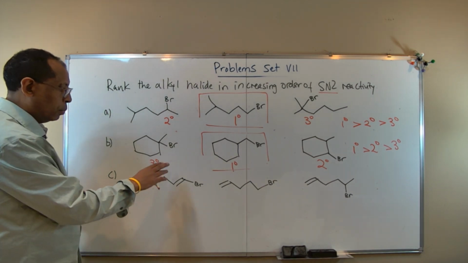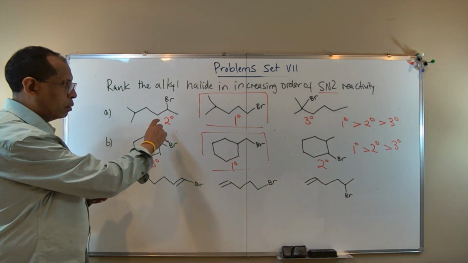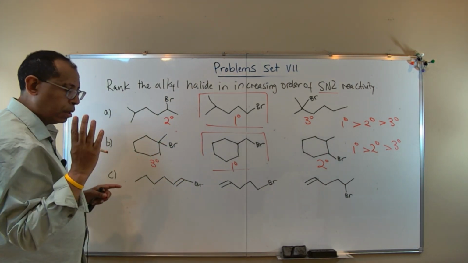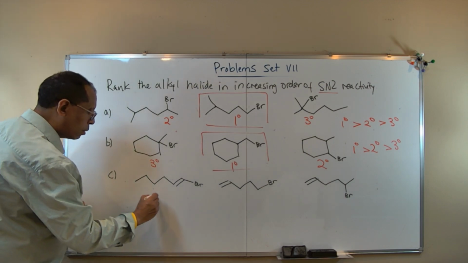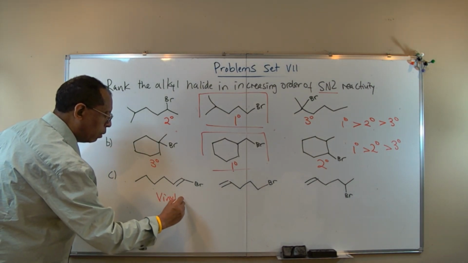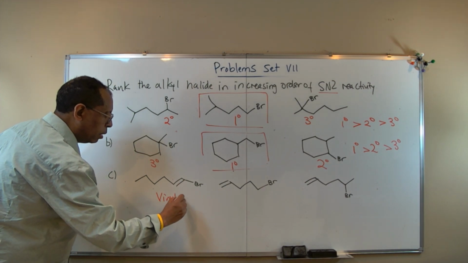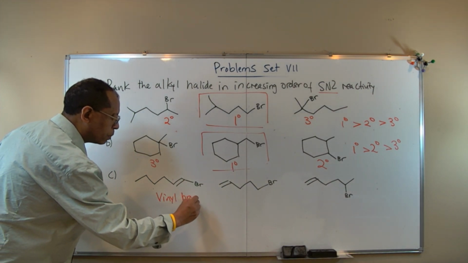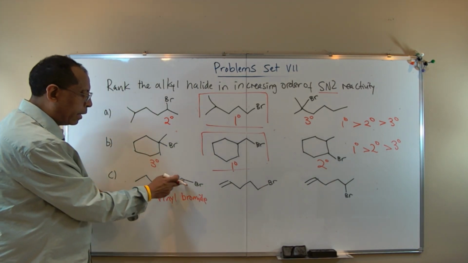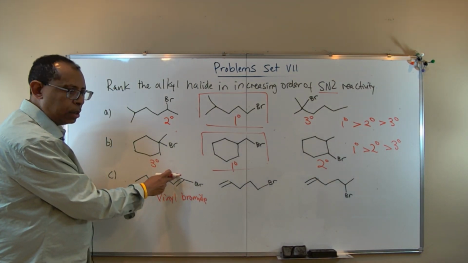This we don't even classify as primary, secondary, tertiary. If you remember in the beginning of the lecture, this is called a vinyl halide, or in this case a vinyl bromide. Vinyl because it's directly attached to the double bond carbon.